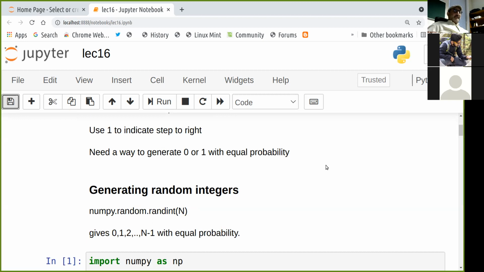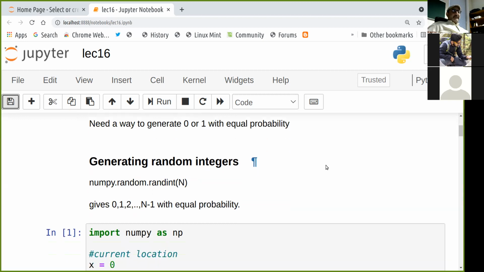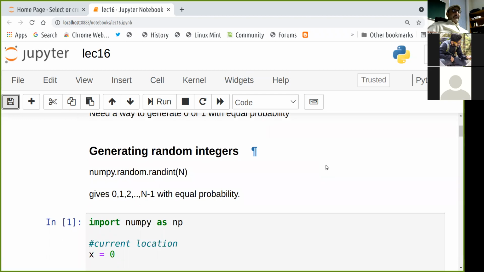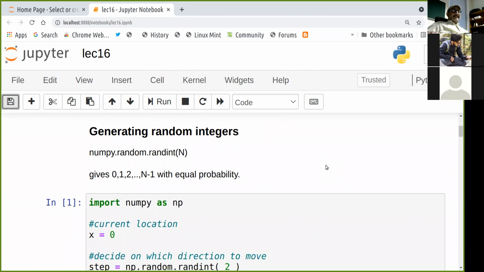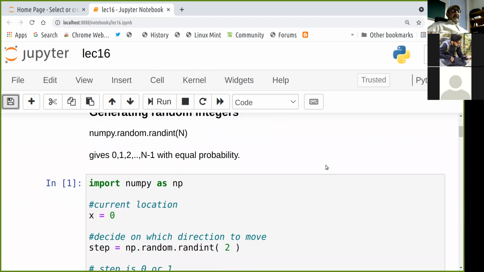Okay, so how do we do this? Well, we'll import numpy as np. Our current location, we'll call x, is equal to 0. Now we have to decide whether the step is to the left or to the right. So what we do is step is equal to np.random.randint of 2.